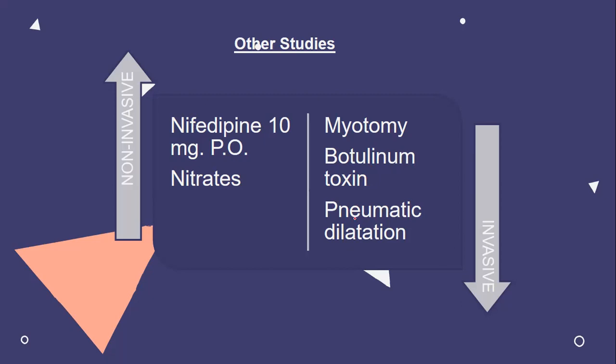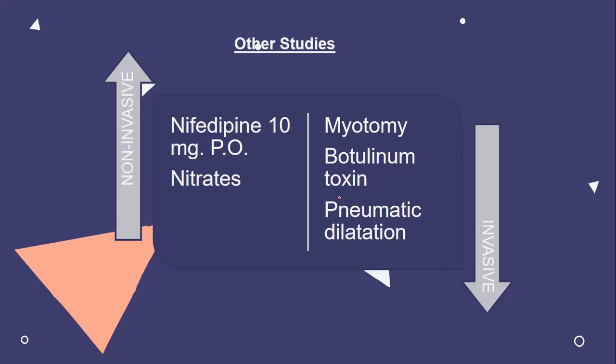We could also use this other technique, which is the pneumatic dilatation. It's like an endoscopy test also. It's like a balloon that does not have air inside of it yet. And when we reach the lower esophageal sphincter, we inflate it.